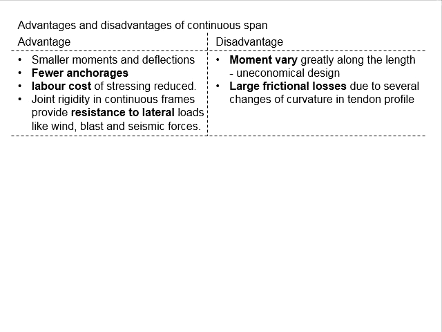Such losses will affect the efficiency of the pre-stressing tendon, such that at the end of the day, we are unable to fully utilize the capacity of the tendon. When you come to the continuous member, the spans are normally longer, and there are several turning points of the curvature in the tendon profile. This will in another way increase the frictional losses and further affect the efficiency of the pre-stressing tendon.